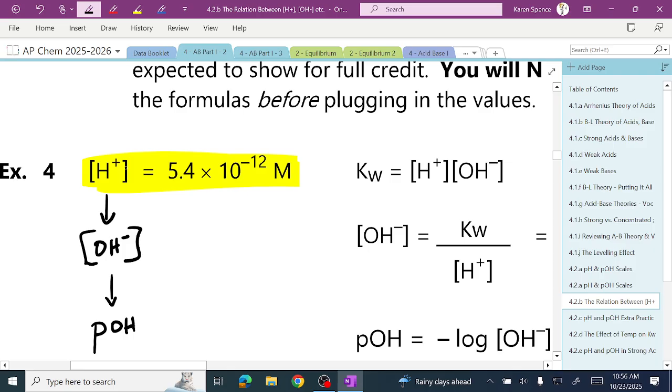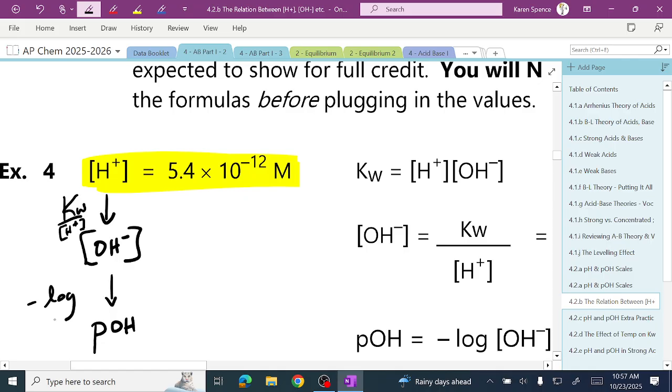What do we use to get from hydrogen to hydroxide? KW over the concentration of H plus, yep. And what do we use to go from hydroxide to pOH? Negative log.